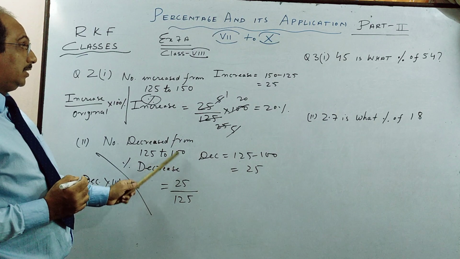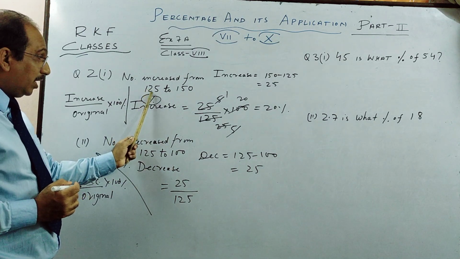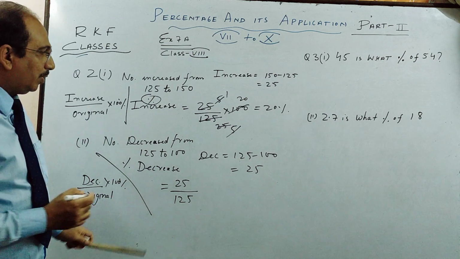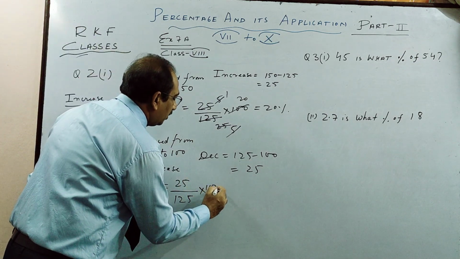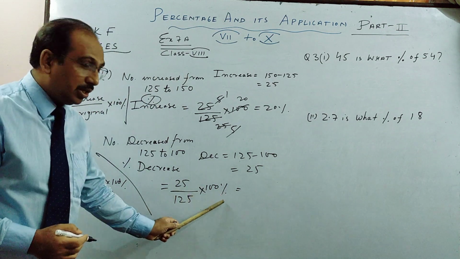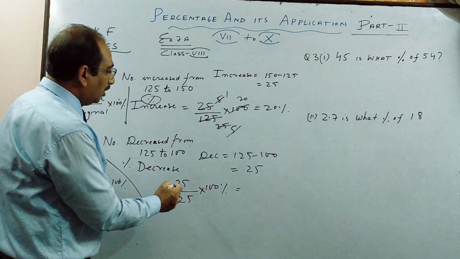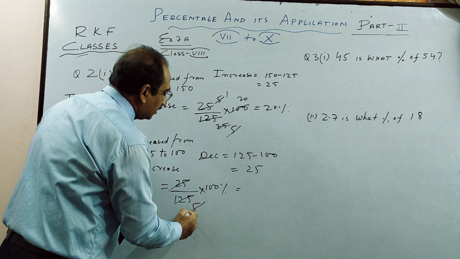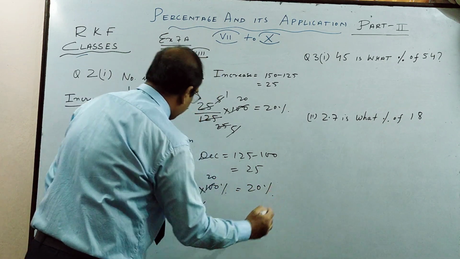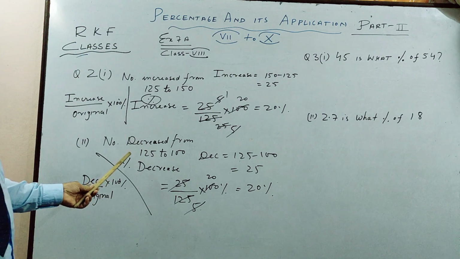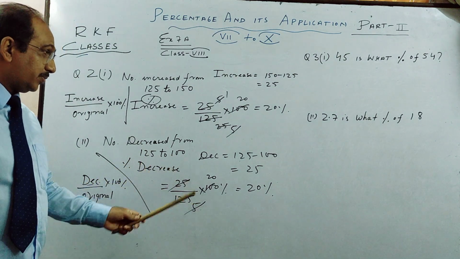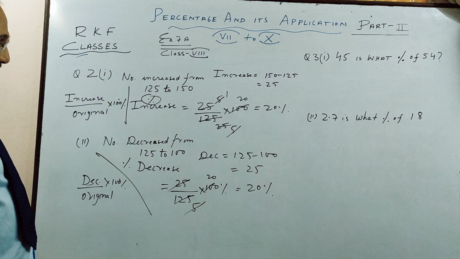In both situations your original is 125, into 100%. Whenever percentage comes, you have to bring 100 with percent. Once more, when you cancel, this also gives you 20%. So when 125 becomes 100, it is a 20% decrease.